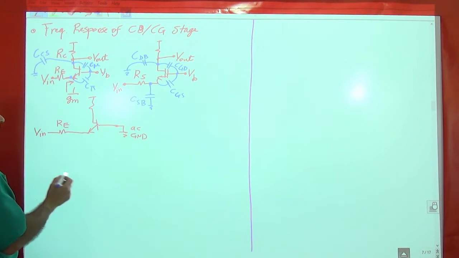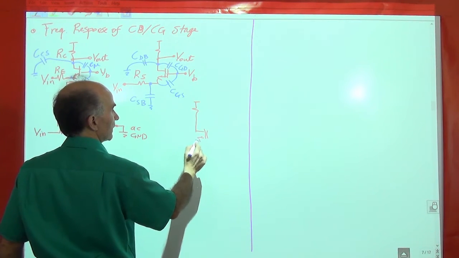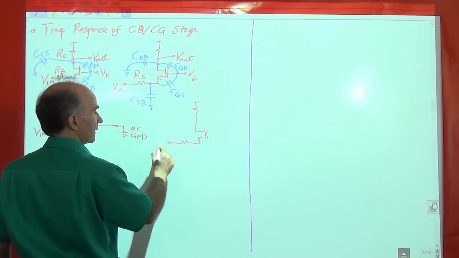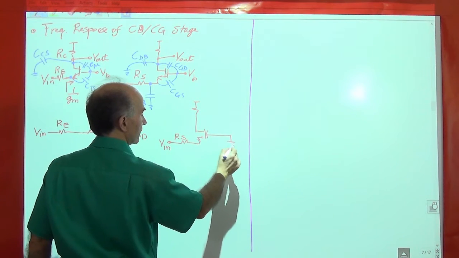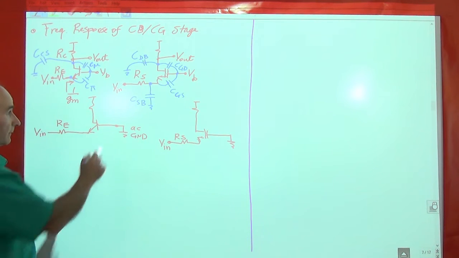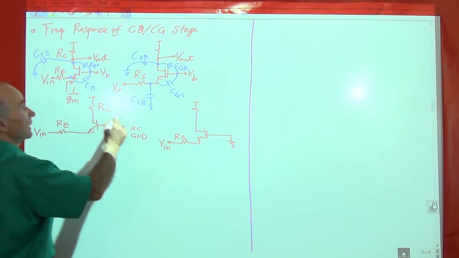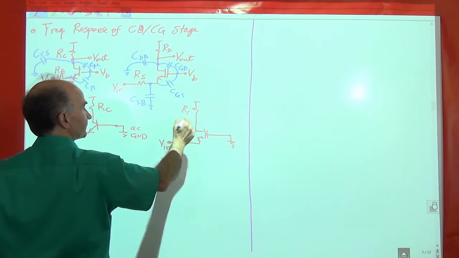And for the MOSFET as well, I can do the same thing. So V in, RS, AC ground, and let's go and drop all the capacitors in, right? So this is RC, this is RD.